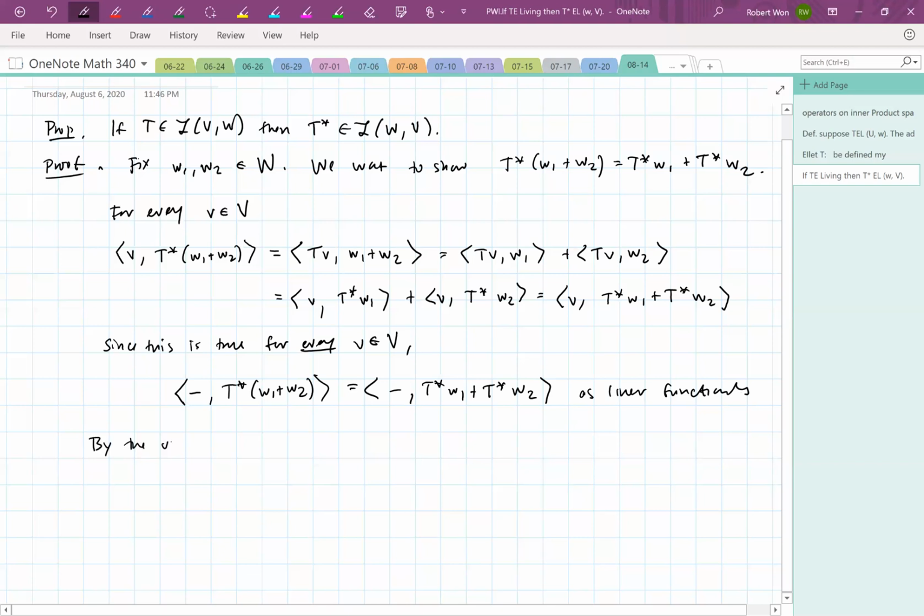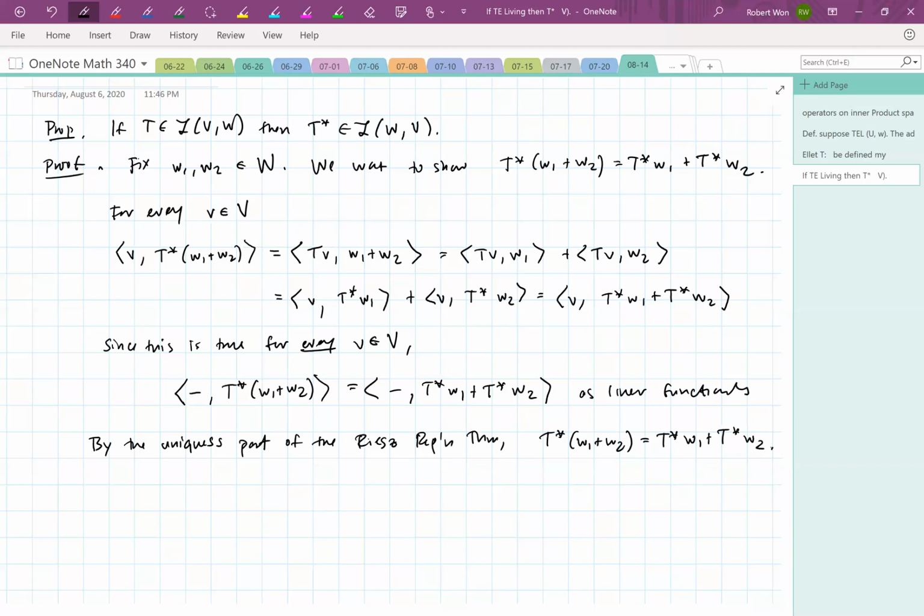By the uniqueness part of the Riesz representation theorem, this means that this vector must be equal to this vector. And then I'll leave you to handle the scalar multiplication thing, but you basically do the same thing.